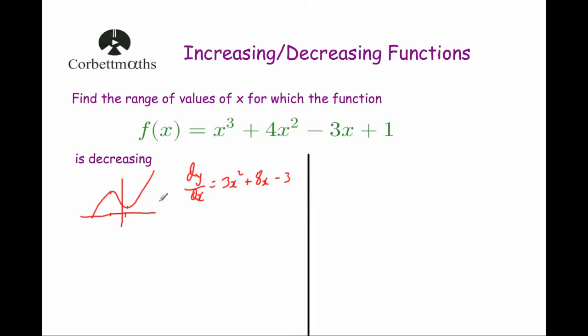Now at these stationary points, we know that the gradient is equal to 0 here and here. So 0 equals 3x squared plus 8x minus 3. Let's factorize this and find the two values for x for when the gradient is equal to 0. So 0 equals, factorizing, 3x in one bracket and x in another.